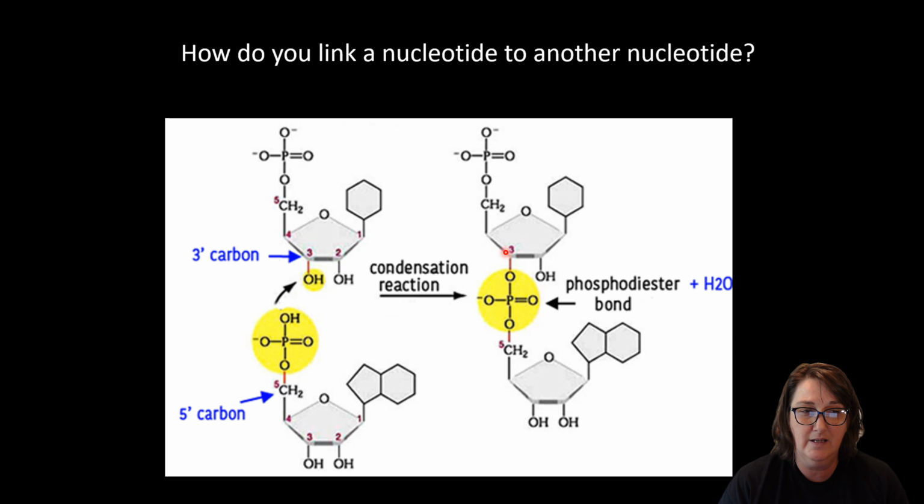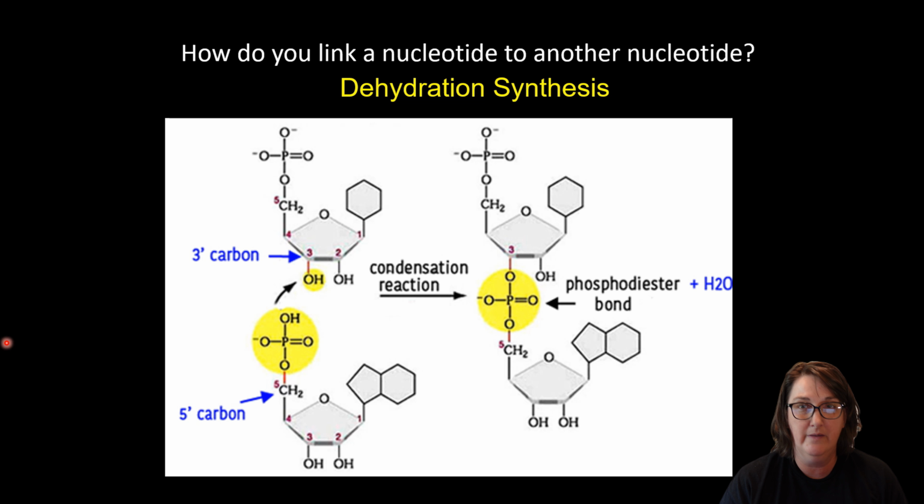And when it leaves, it's going to bond to this 3rd carbon, and then I'm going to have what's called a phosphodiester bond. So this nucleotide bonds to the one above it with a phosphodiester bond. Dehydration synthesis is what's going to make that possible, and that's how all the macromolecules are put together. They're all made by dehydration synthesis, or a condensation reaction.